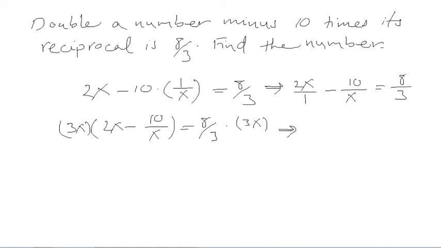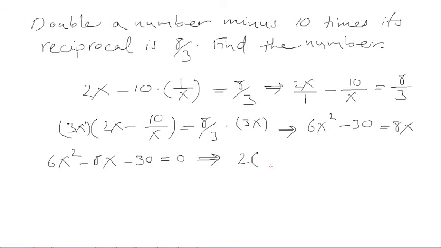This implies 6x squared, x cancels x, minus 30 equals, 3 cancels 3, 8x, or 6x squared minus 8x minus 30 equals 0. If I factor out a 2, it becomes 3x squared minus 4x minus 15 equals 0.